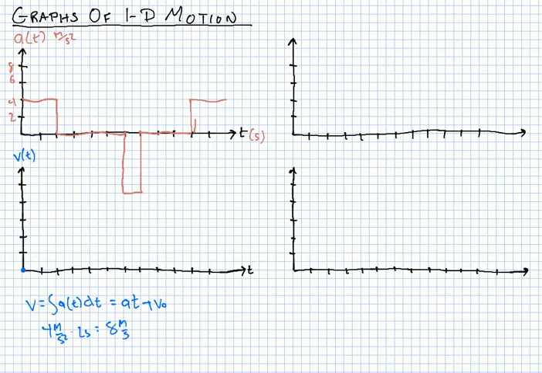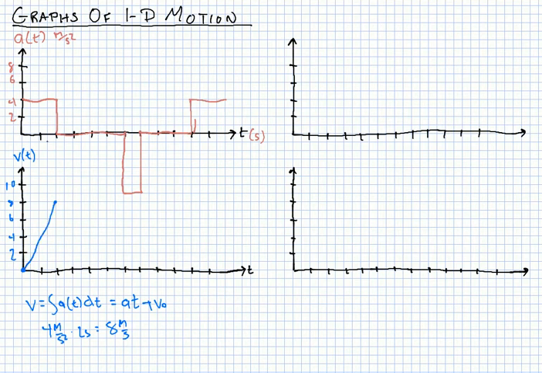So at the end of the time interval, we're going 8 meters per second. So after 2 seconds, we're going to be at 8 meters per second. The acceleration's constant, so this is just a straight line.